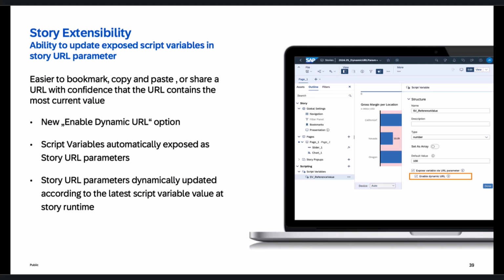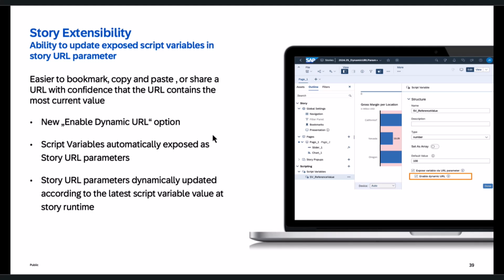So with this release, we can synchronize the URL script variable parameter with the actual script variable value within the story. With that, it's easier to bookmark, copy and paste, or share the URL with the confidence that the URL contains most current value.